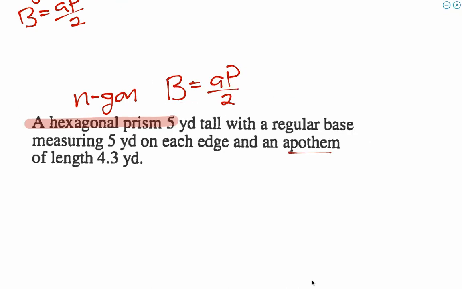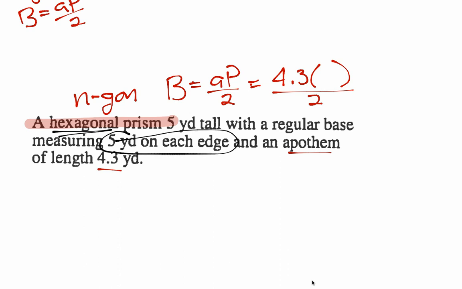And it has an apothem of 4.3, so I can keep working right there if I want. What's the perimeter going to be? If it's 5 yards on each side and it's a hexagon, so that's 5 times 6.